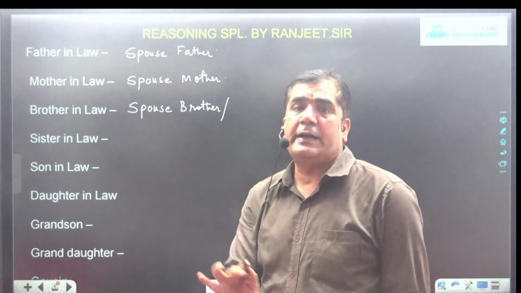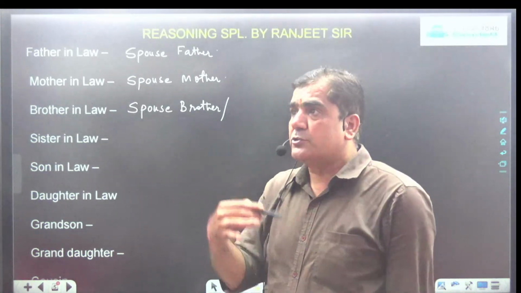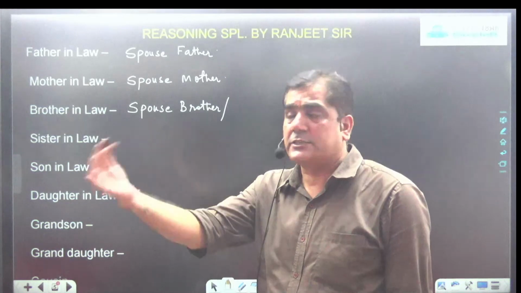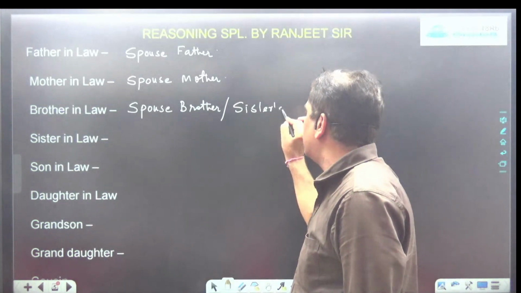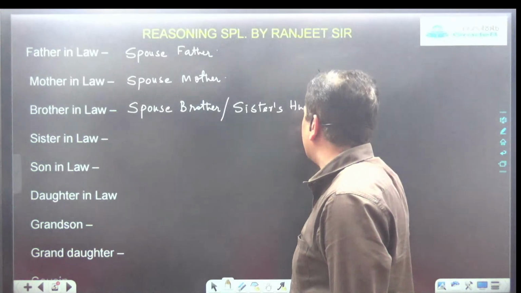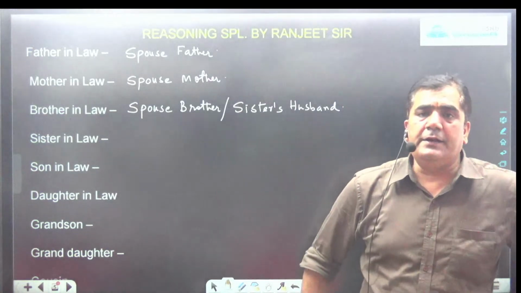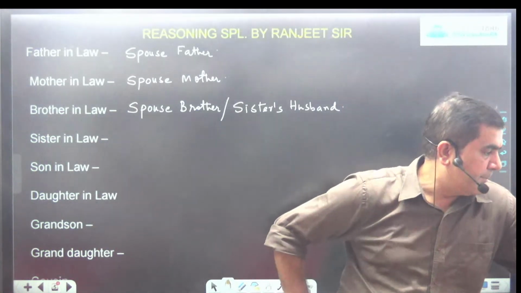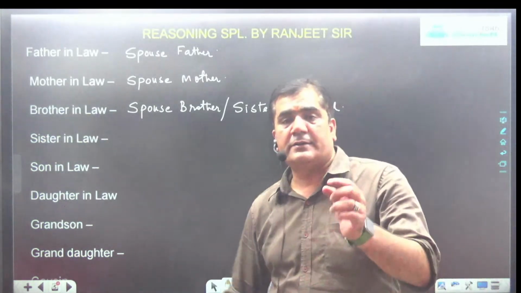In Hindi we call it Jijaji. So Jijaji is nothing but my sister's husband. My sister's husband will be called brother-in-law. Clear? Brother-in-law will have two meanings, either my spouse's brother or my sister's husband.